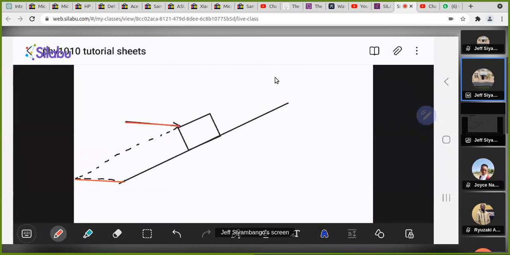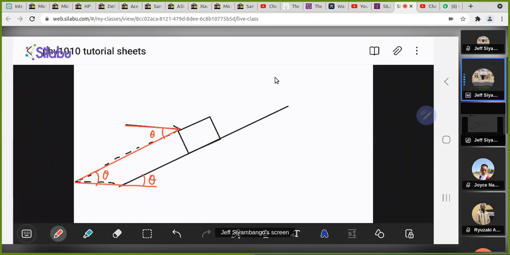A line that connects these two will ensure that this angle here will be the same as this angle here. And the same angle will also be the same as the angle down here.